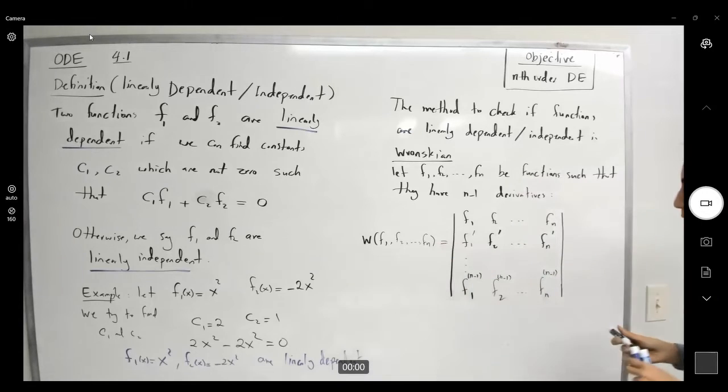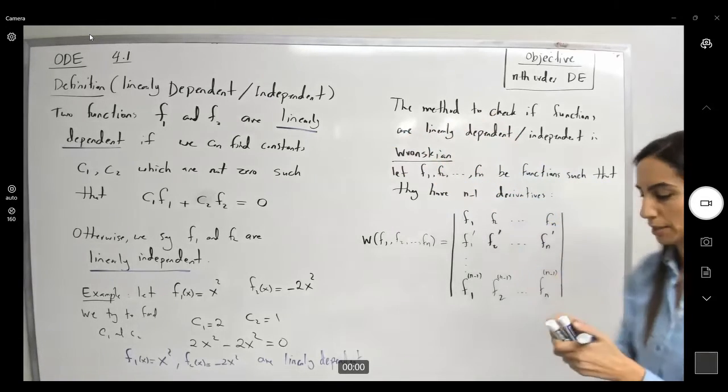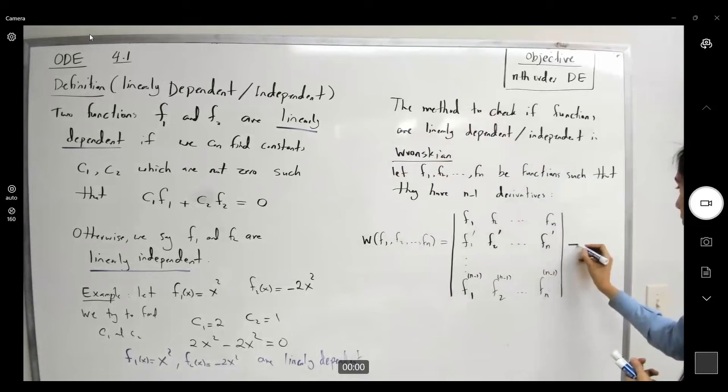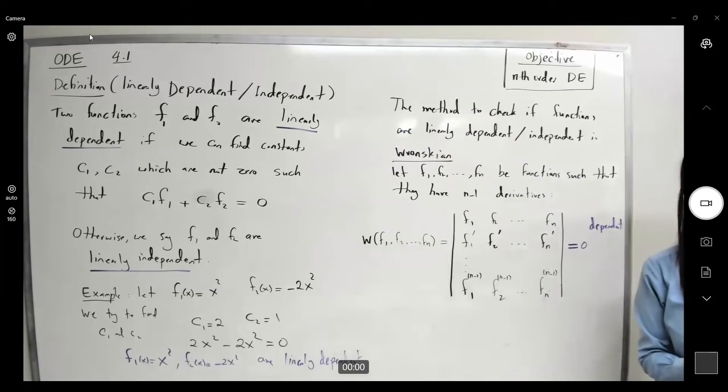You find this determinant. If it's equal to 0, then you say that they are linearly dependent. If the determinant is not 0, then they are independent.